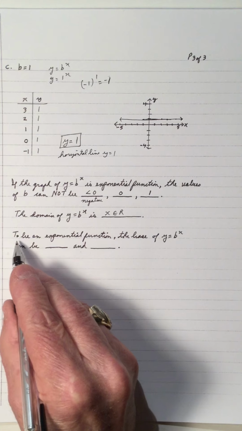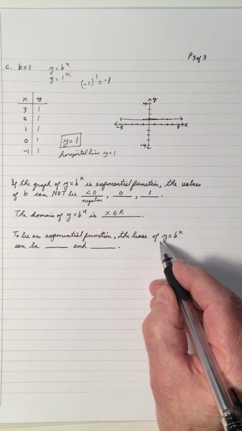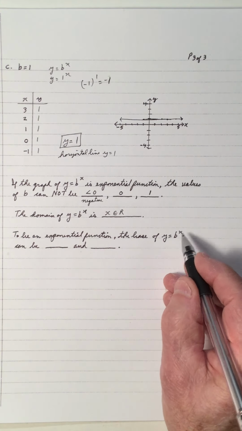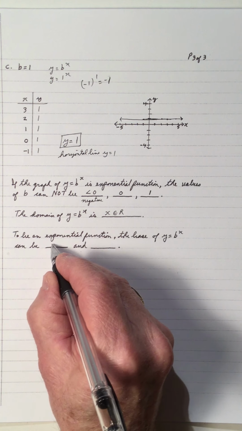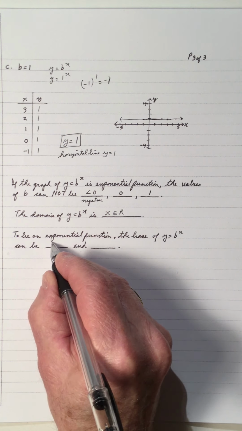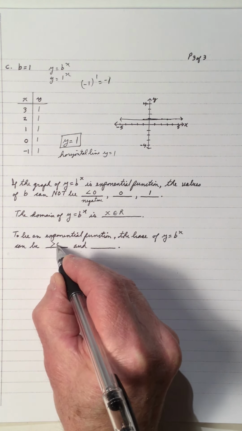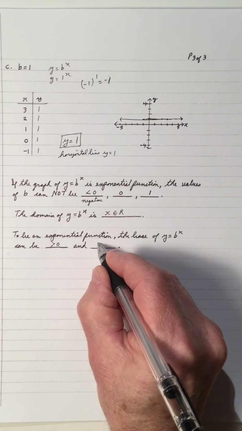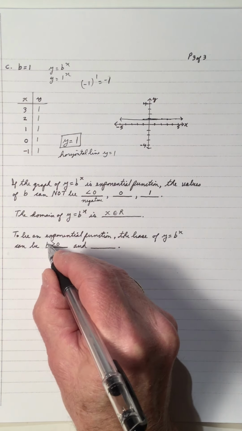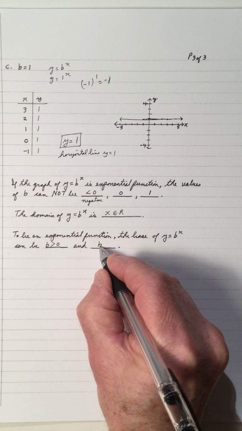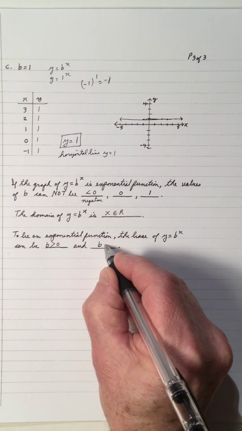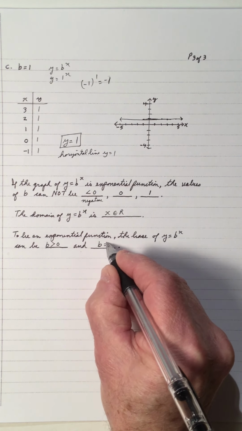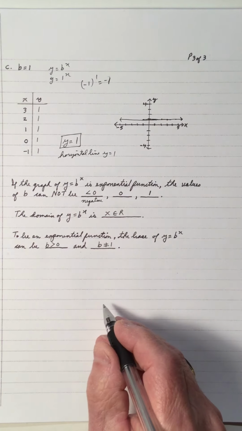To conclude, to be an exponential function, the base of y equals b to the x has to be greater than 0, but you cannot have a 1.